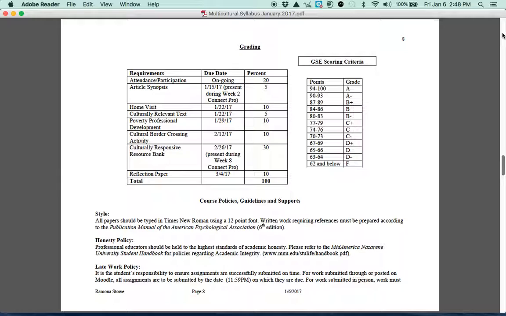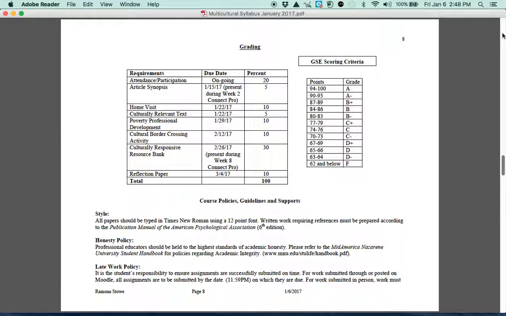You can see the grading and when things are due right there. Again, I'll always put it on the weekly agenda, but if you want to know beforehand, come back and look at the syllabus and what things are due, or what things are worth, and that sort of thing. And then you'll see just the course policy guidelines and support.